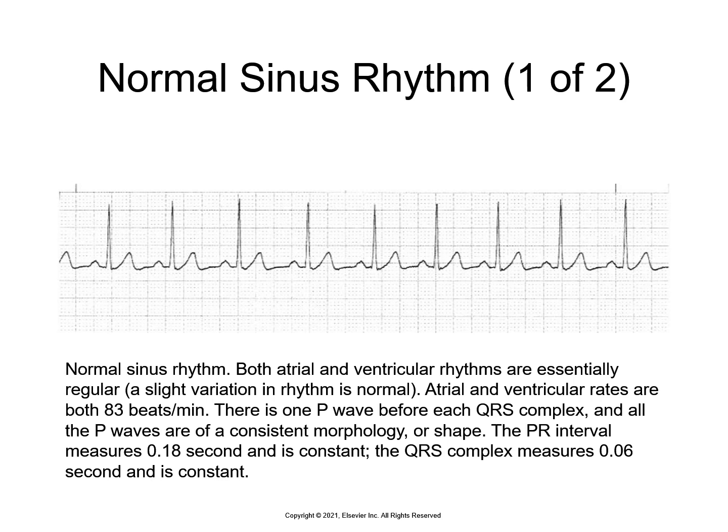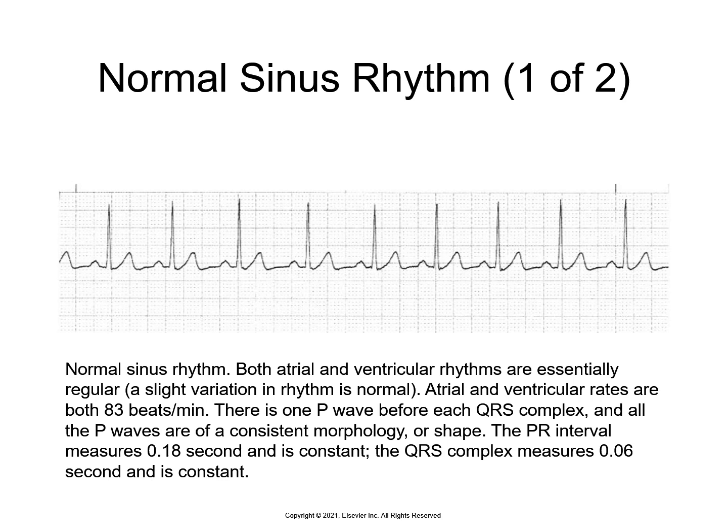They're 83 beats a minute. There's only one P wave before each QRS complex, and all the P waves are of a consistent morphology or shape. They all look the same. The PR interval measures 0.18 seconds and is constant. All of them are the same.